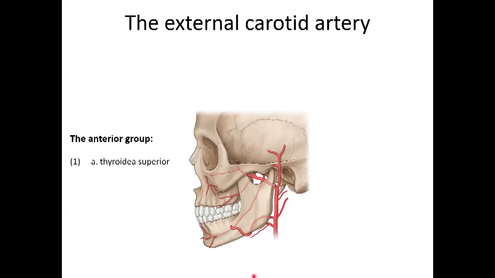So, arteria thyroides superior. Then, number 2, arteria lingualis. Here it is. So, anterior group has branches which are directed surely anteriorly. Here it is, arteria lingualis.